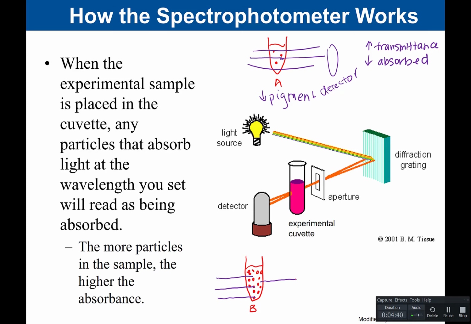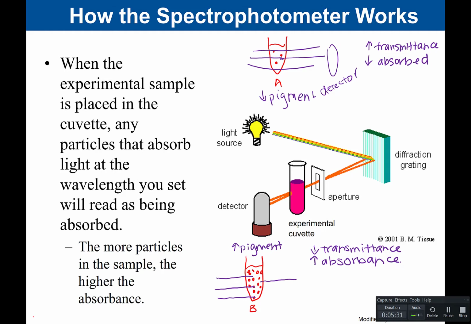So now in this tube, we have a higher amount of pigments. What that means is we get a lower transmittance because less light is going through, which also means we have a higher absorbance. So notice that the more particles in the sample, the higher the absorbance. That would be like solution B: the more pigment, the higher the absorbance.